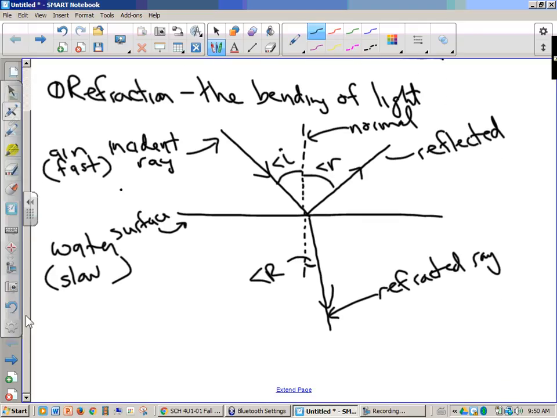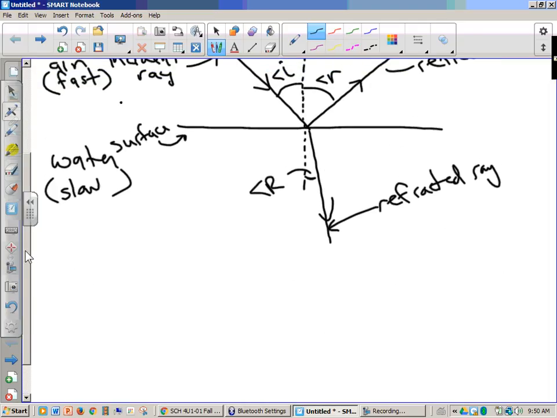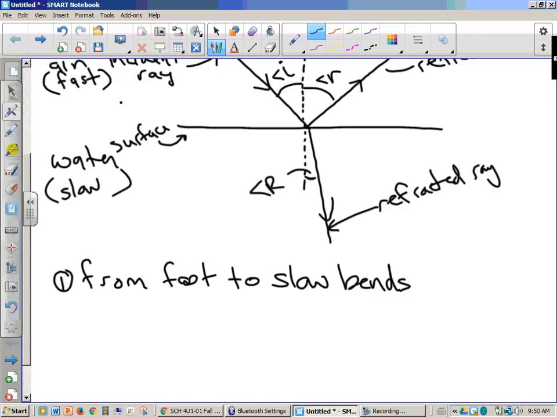Now I'm going to just write down those two rules. Rule number 1. From fast to slow bends towards the normal.